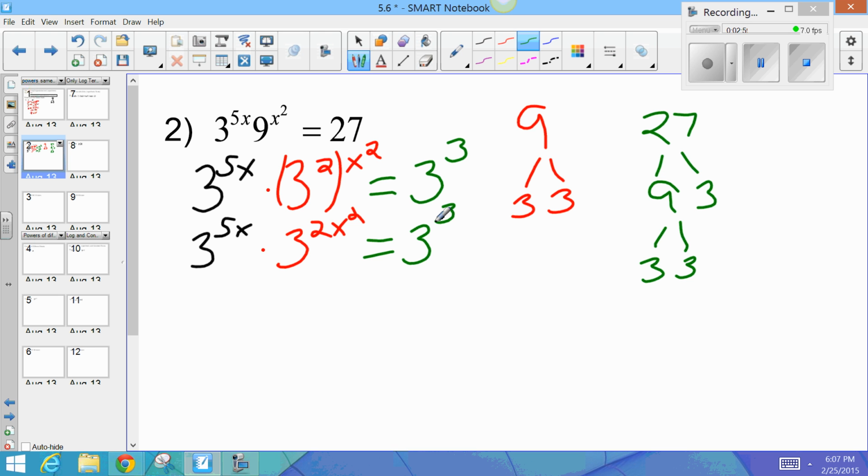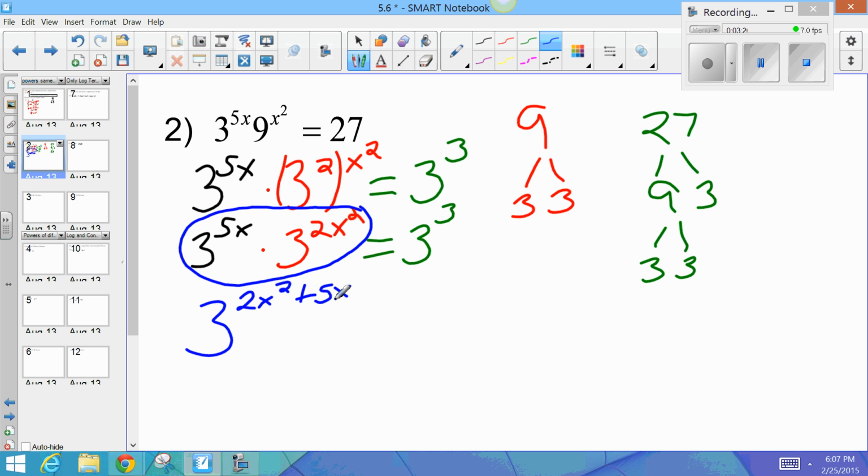Now these two are both of the same base. I can multiply those together, and the rule for multiplying them together is to add the exponents. So that becomes 3 to the power of 2x squared plus 5x. When I multiply two things, I add the exponents.